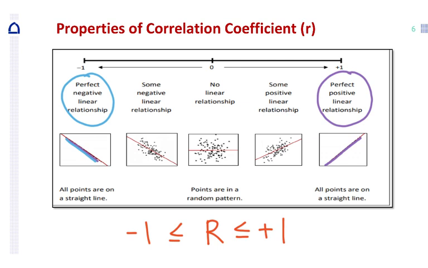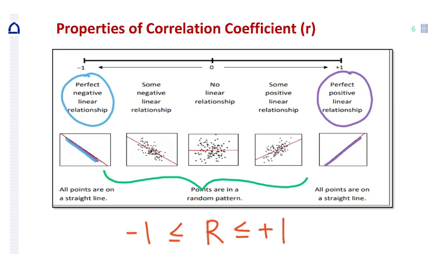Now in reality that almost never happens because there's always some kind of variation when people are answering surveys. It usually just happens in physics, you know, like if you measured the speed of something falling from the sky, because it's a physics equation, it will be a perfect straight line. But usually we are somewhere in between 1 and -1.